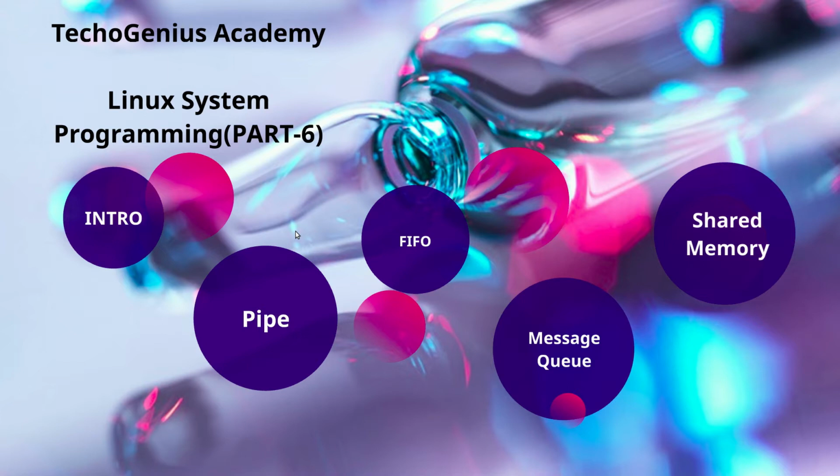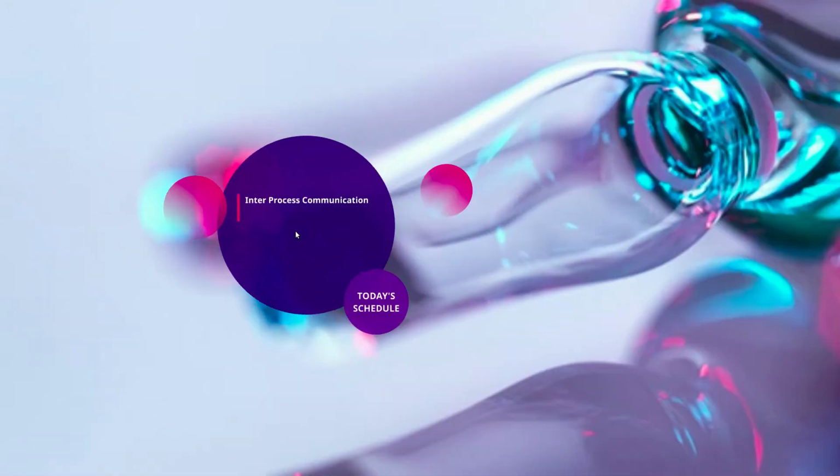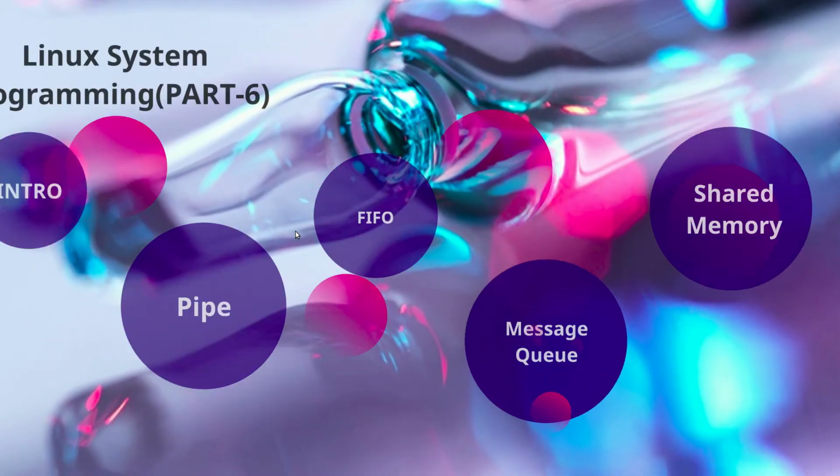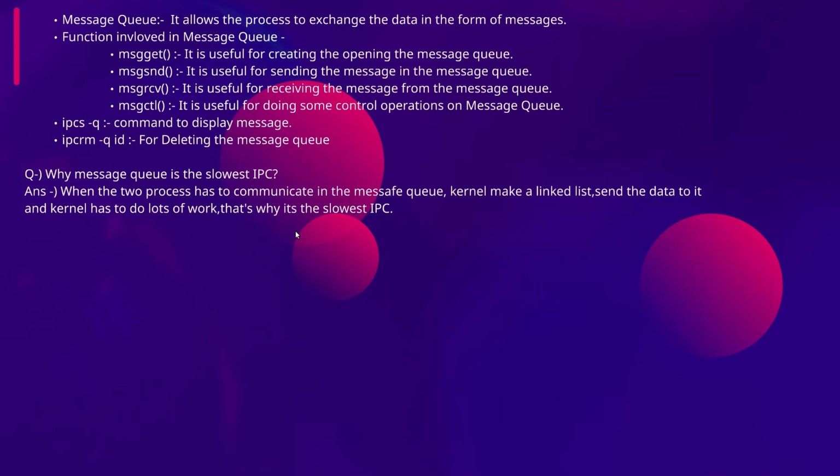What are the different functions which we have used in message queues? As we already know, a message queue allows processes to exchange data in the form of messages, but we need to keep in mind that the message queue is the slowest IPC, because when two processes communicate through message queues, the kernel makes a linked list and sends the data, and the kernel has to do a lot of work.